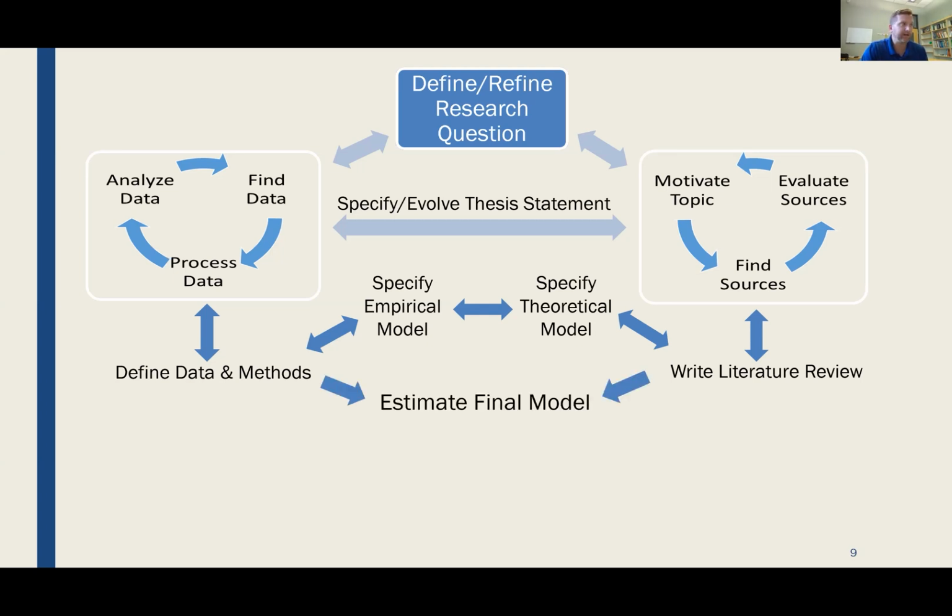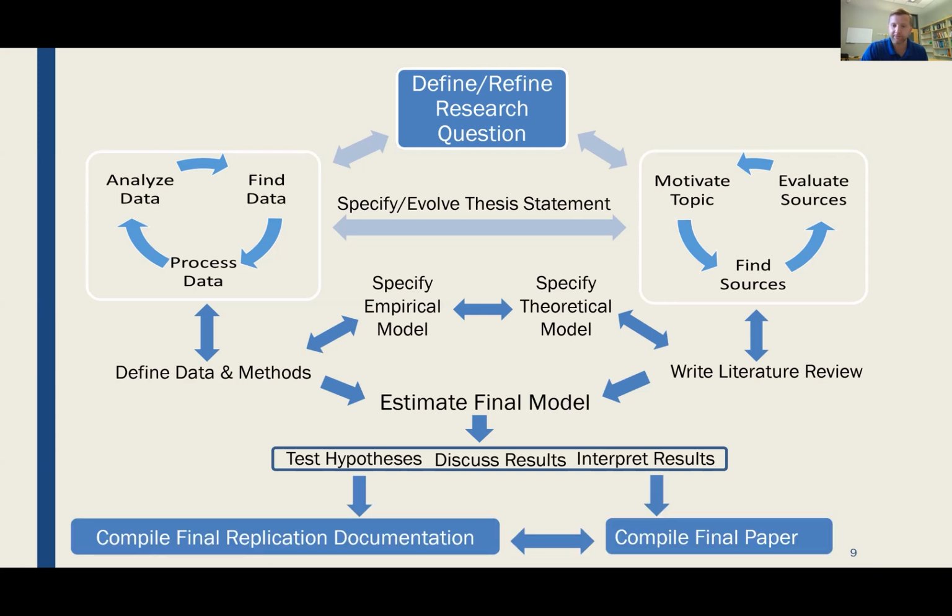Before they get to estimating that final model, and they push to then for the project becoming linear, developing those conclusions and writing the final paper. That's the idea, kind of keep them in that early recursive space longer so that the ideas and the analysis that they develop are more thoughtful by the end.